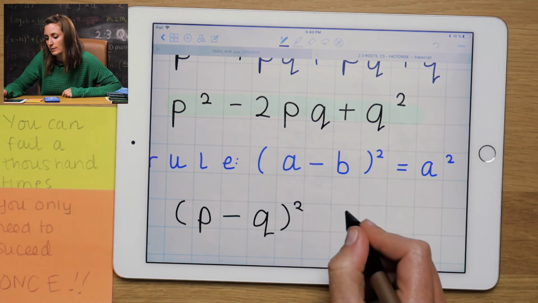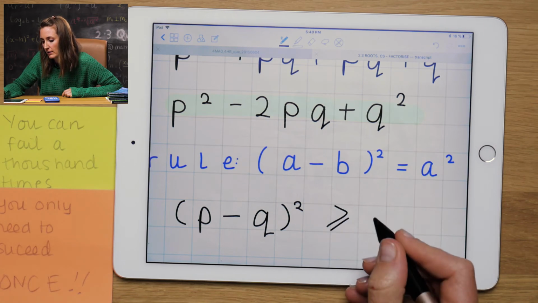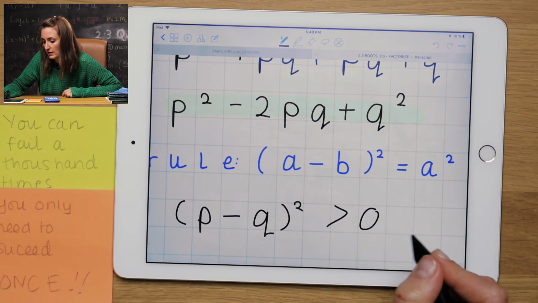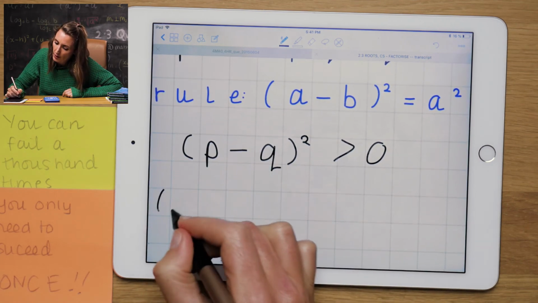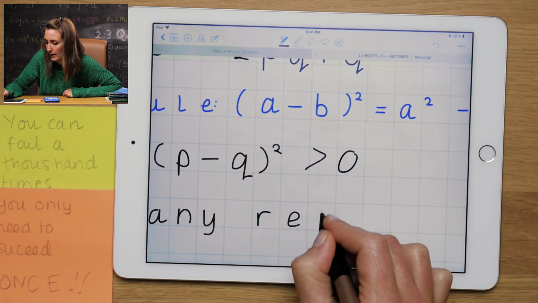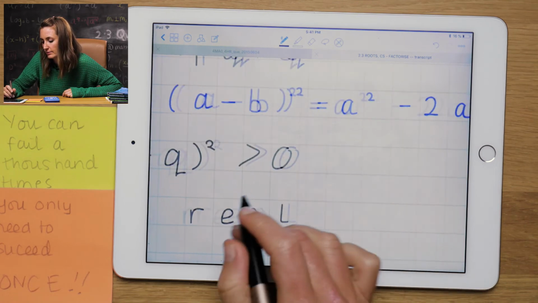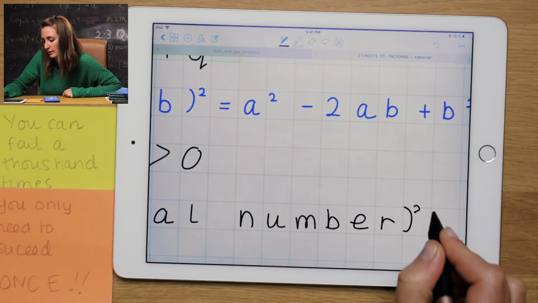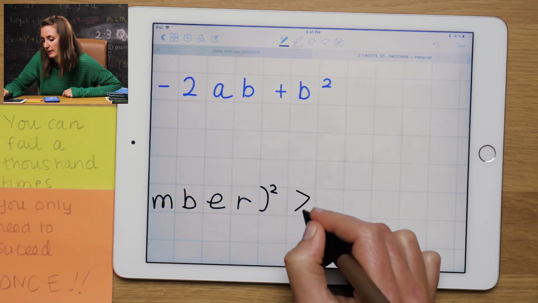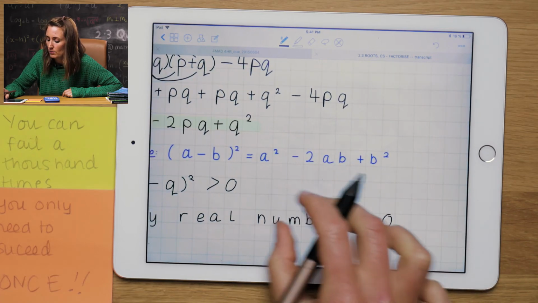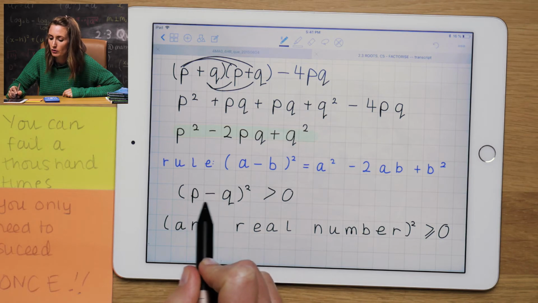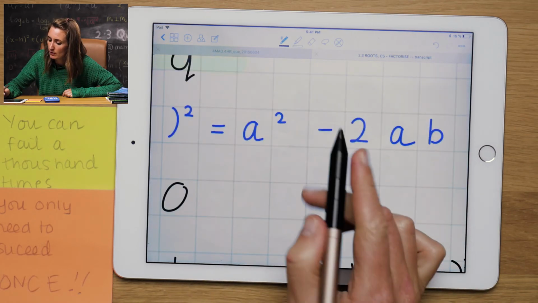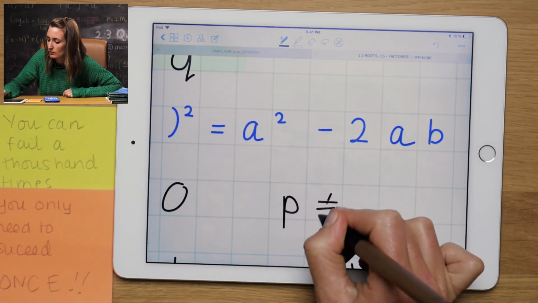Now I'm finished, because I can say this is bigger than 0, because any real number squared is automatically bigger than or equal to 0. So mine will be bigger than 0 as long as p is not equal to q, which would mean 0 squared. So p is not allowed to be equal to q.